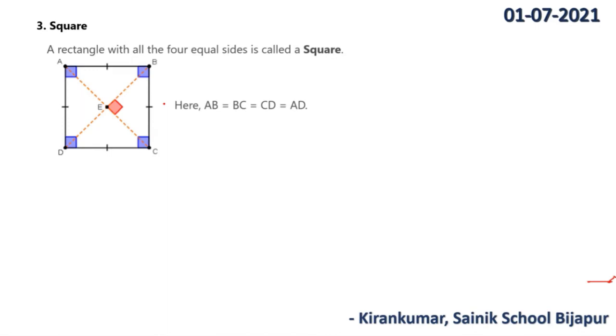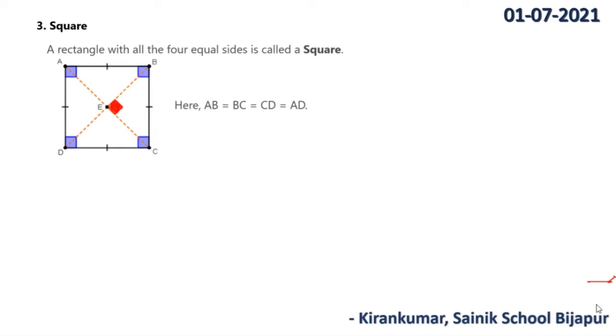From the previous figure, you can identify that this mark was missing in the previous figure. This is to indicate that the diagonals are making 90 degrees, they are perpendicular to each other. That is a major difference between a square and a rectangle.